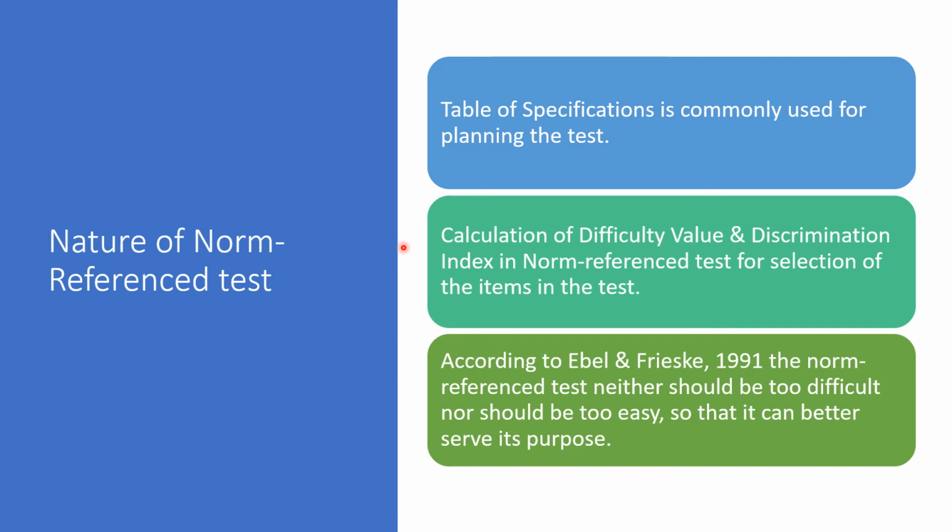If a large proportion of the more knowledgeable students get an item right and a small proportion of less knowledgeable students get it right, that item has discriminated properly and has contributed to the test purpose. The purpose of the test is to get a comparative account of the performance of the students. So, if it discriminates better, then it will better serve its purpose.